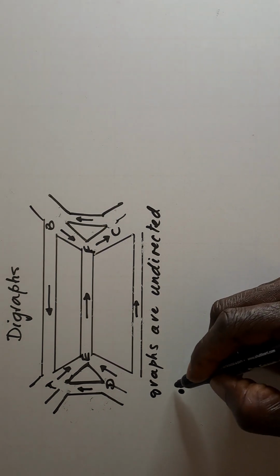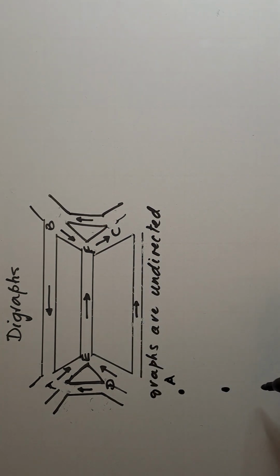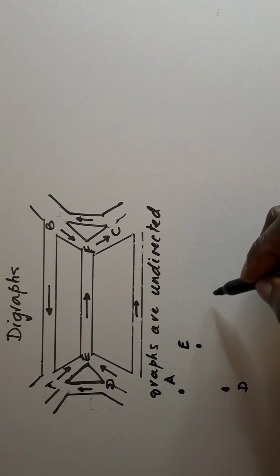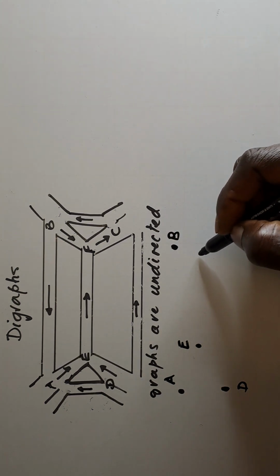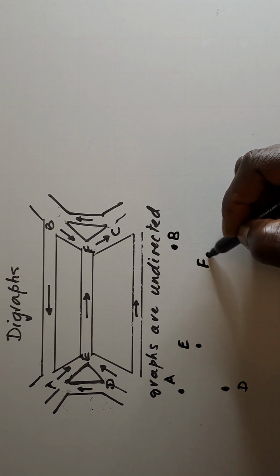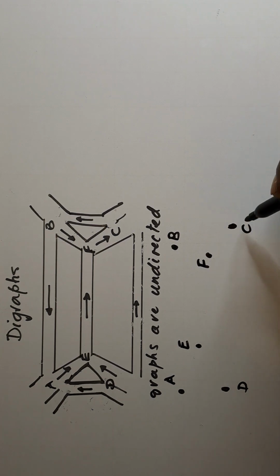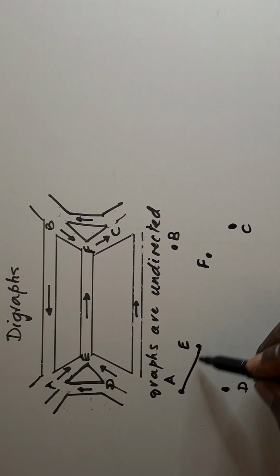Now, each one of these vertices will represent the letters you can see on this one-way system: A, D, E, F, C. So as you can see, if we want to get from A to E, we have an arrow going first, then an arc.